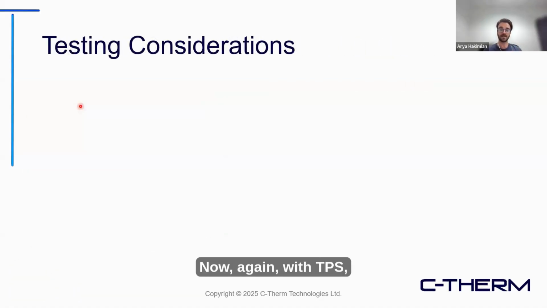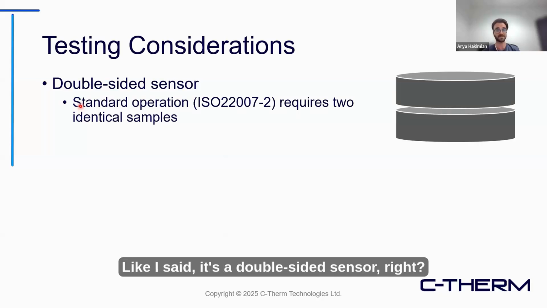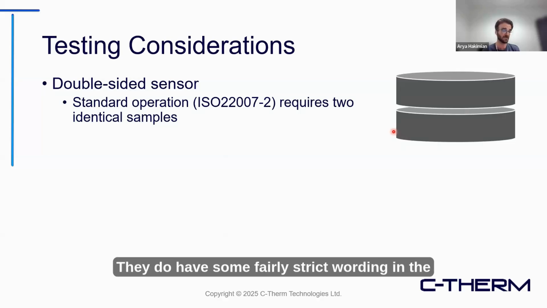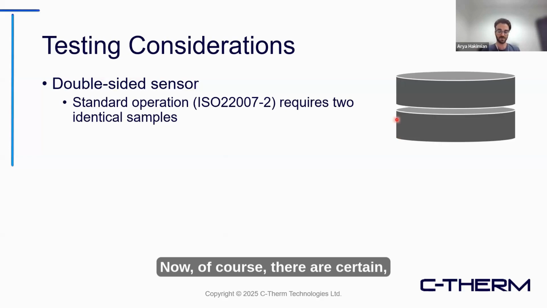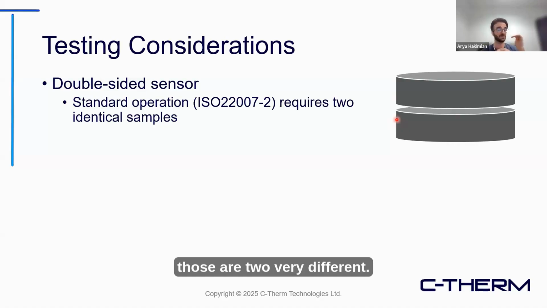Now, again, with TPS, there are certain things to keep in mind. Like I said, it's a double-sided sensor, right? So in the standard operation, according to ISO 22007-2, it will need two identical samples. They do have some fairly strict wording in the ISO around this. Of course, if your samples are a piece of copper and a polymer, those are two very different materials.